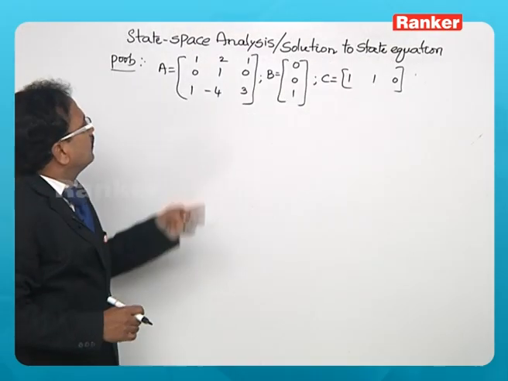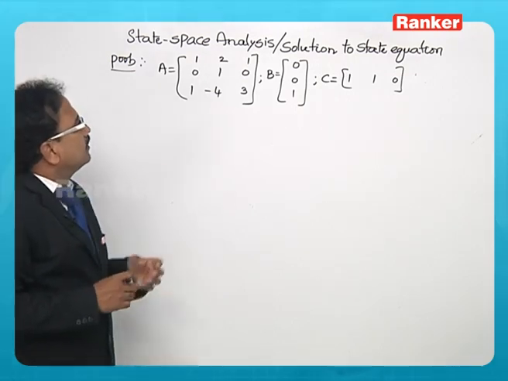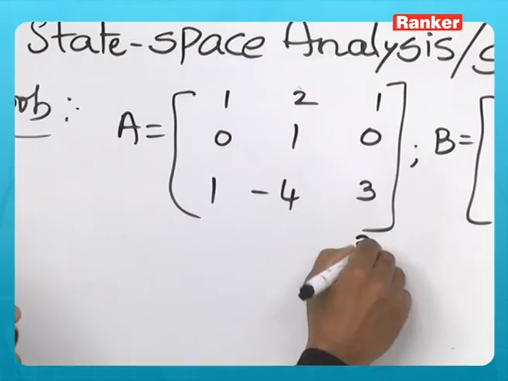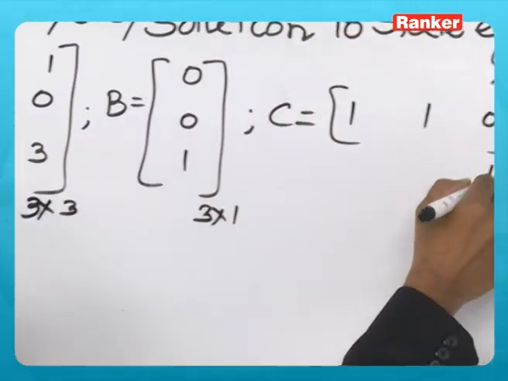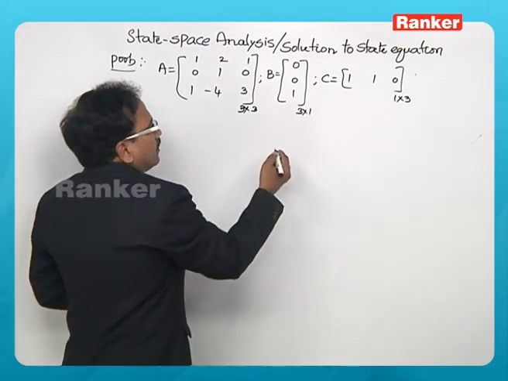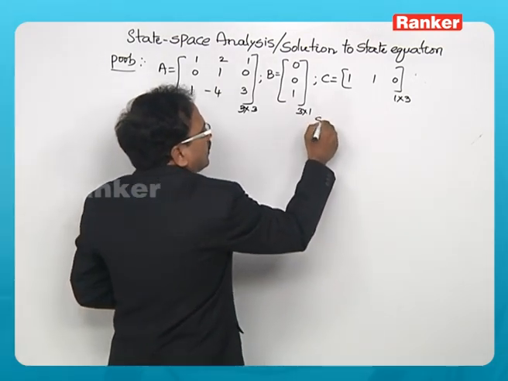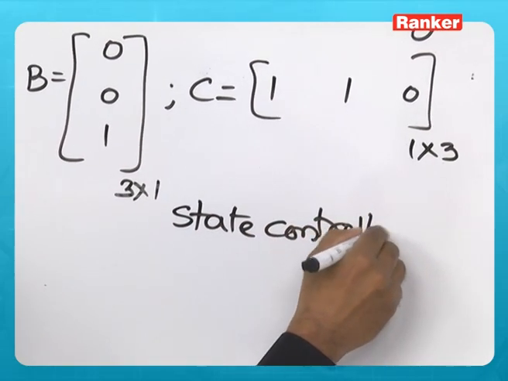Now the system complexity is slightly more. The A matrix is given as 3 cross 3, B is 3 cross 1 and C is 1 cross 3, and the question is to check the system state controllability.